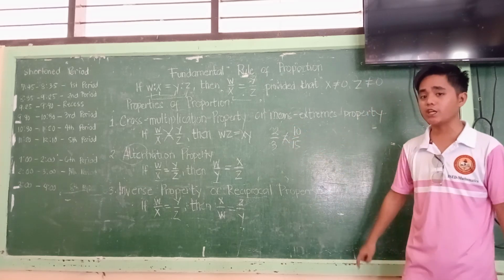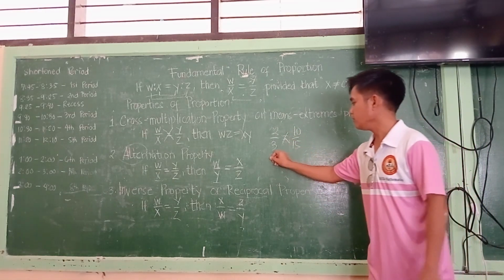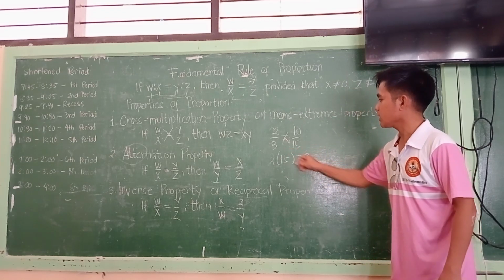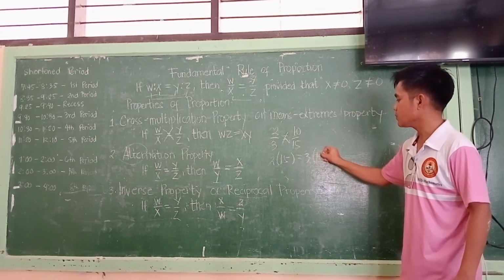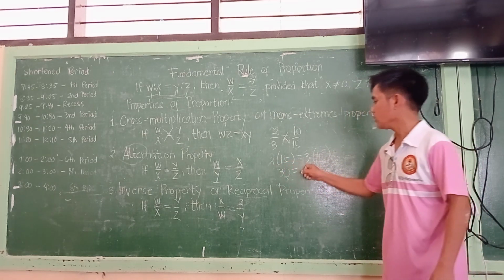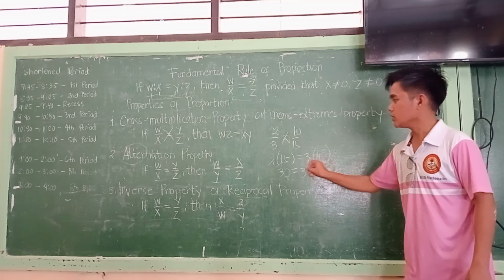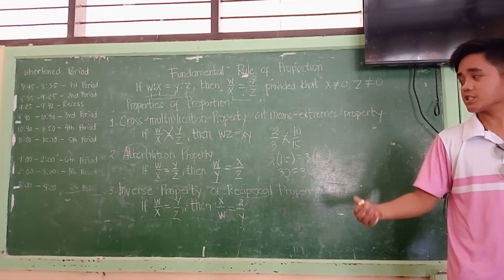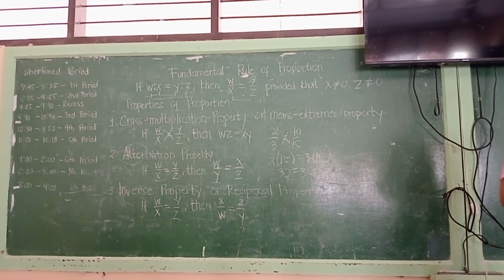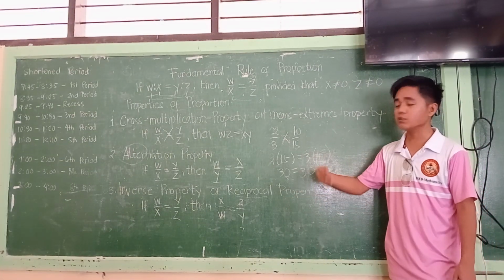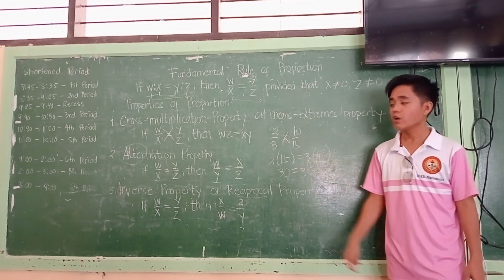By using cross multiplication, 2 times 15 is equal to 3 times 10. Applying cross multiplication, 2 times 15 is 30, equal to 3 times 10, which is 30. So we have here the proportion. Okay, let's apply the reciprocal property.